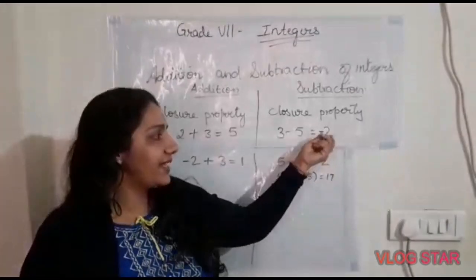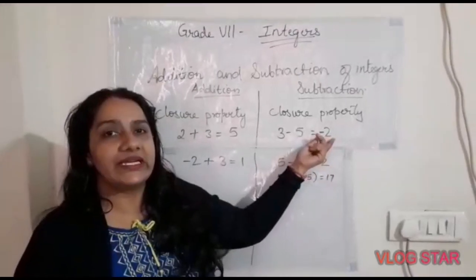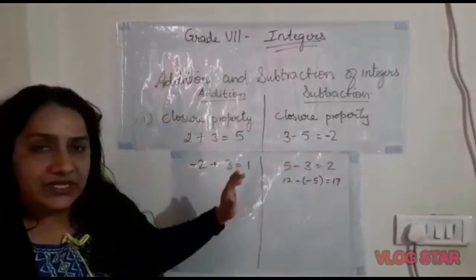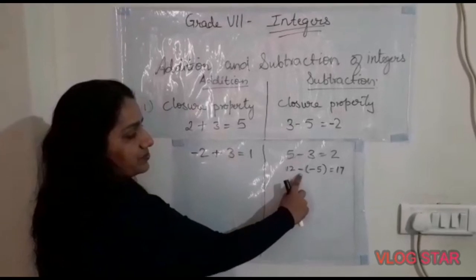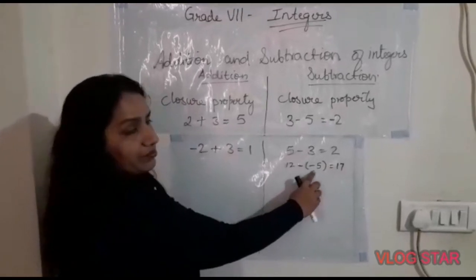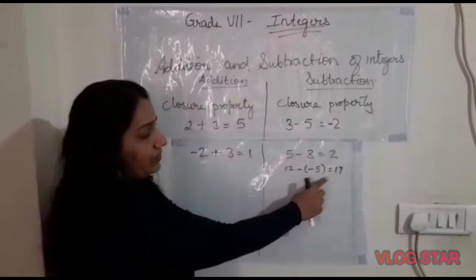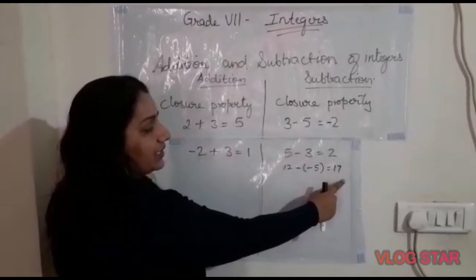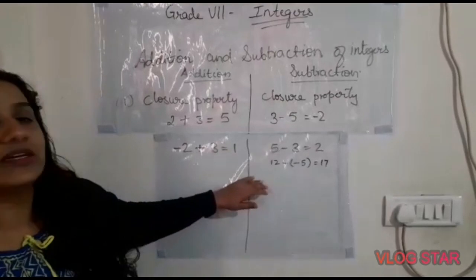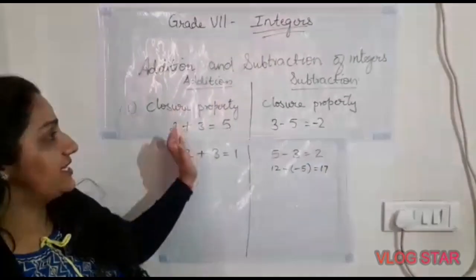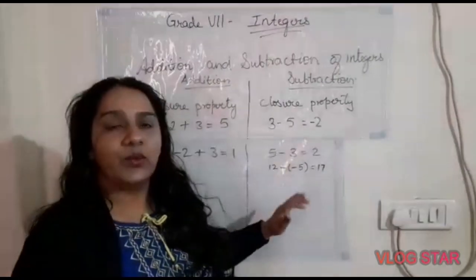And we know that negative numbers are also integers. Here, let's see this example where minus 5 is subtracted from 12 and we get 17. Again, 17 is also an integer. So this is the closure property in addition and subtraction.